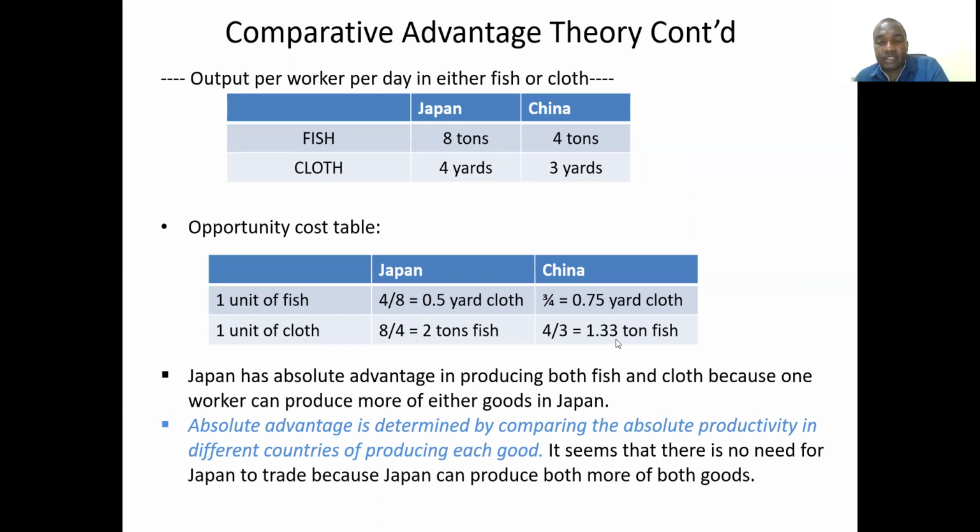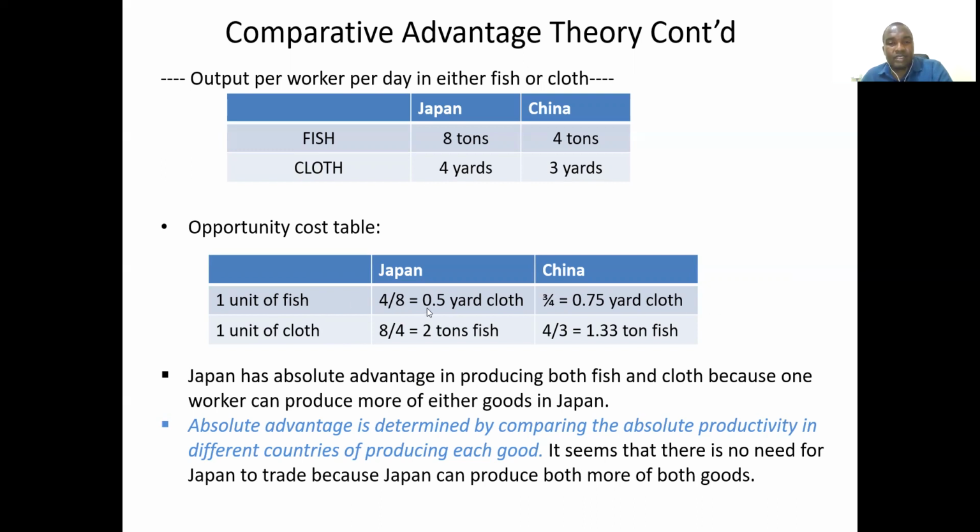So it's 1.33 tons of fish. And then after we've calculated going down or up, we make the decision horizontally on the opportunity cost terms. The calculation is vertical, but the decision making is horizontal.